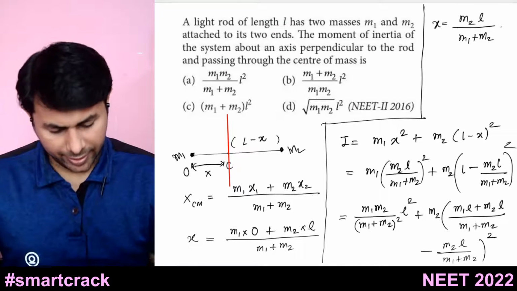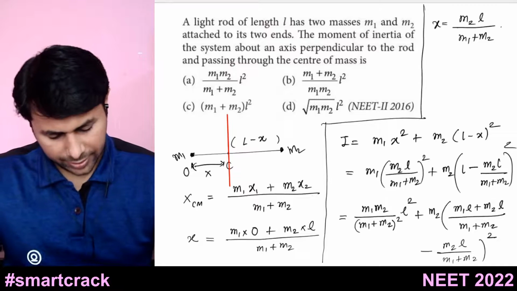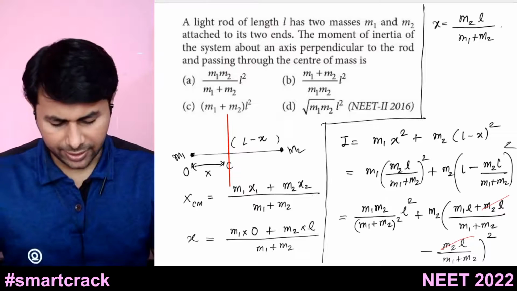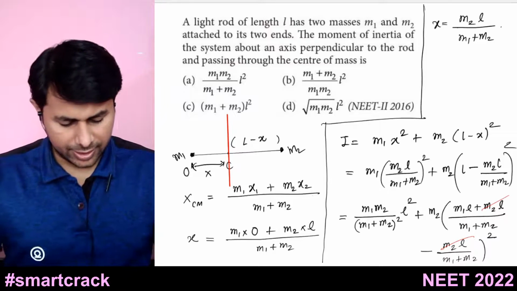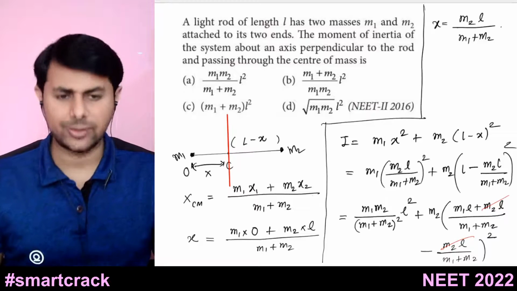Whole bracket. So something gets cancelled. m2 into L upon m2 into L gets cancelled because this denominator is the same, and we are subtracting the second term from the first term.